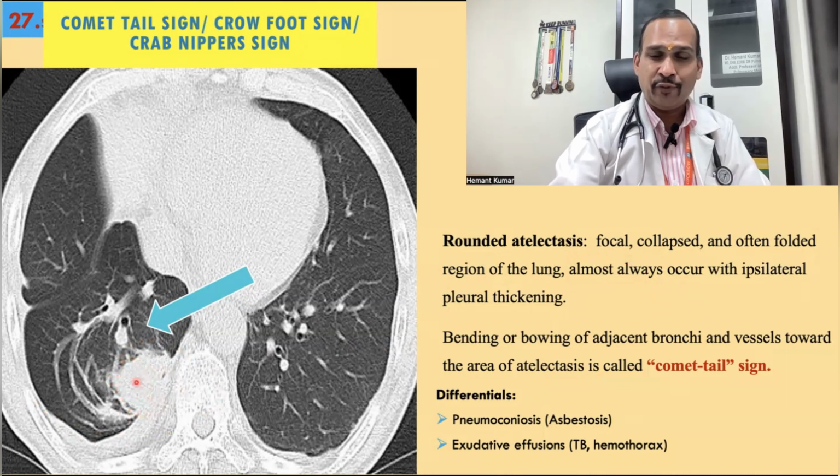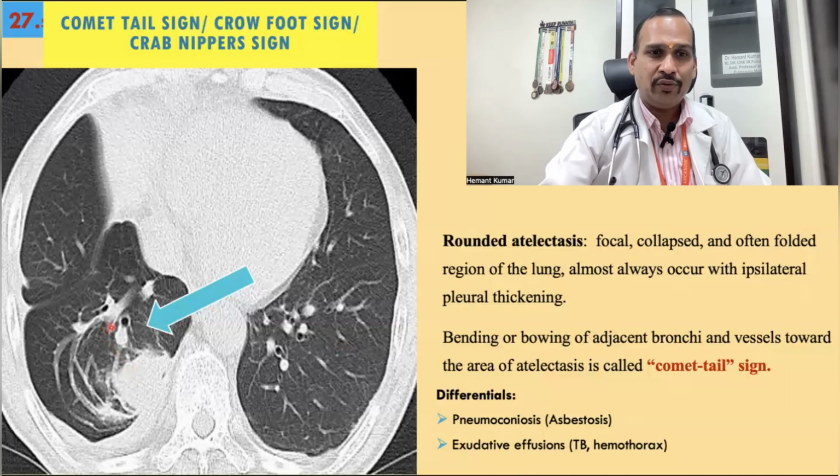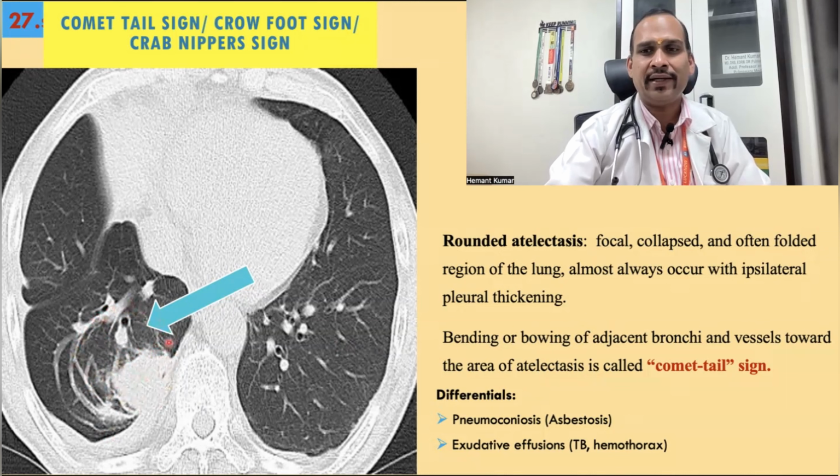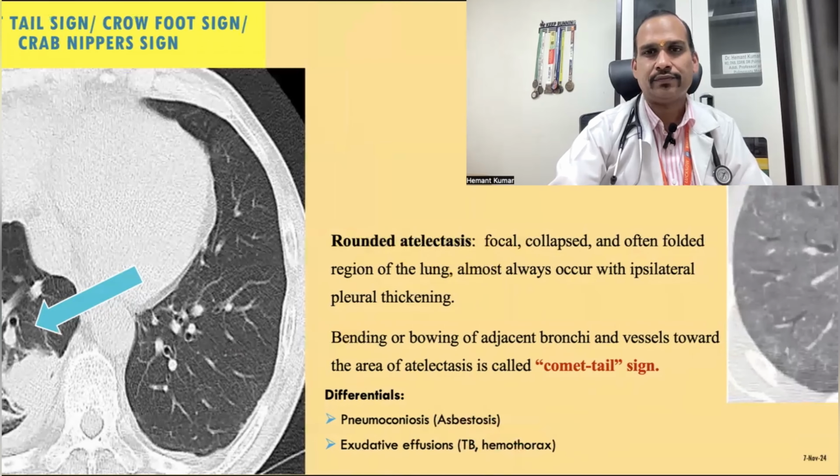Because of the lung folding, it pulls blood vessels towards it. These are blood vessels being pulled by this round atelectasis, so this looks like a comet tail. What are the differential diagnoses? Pneumoconiosis, asbestosis, and exudative effusion like TB and hemothorax, but classically seen in asbestos-related pathology.